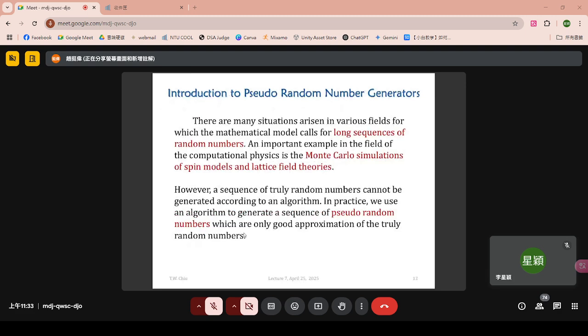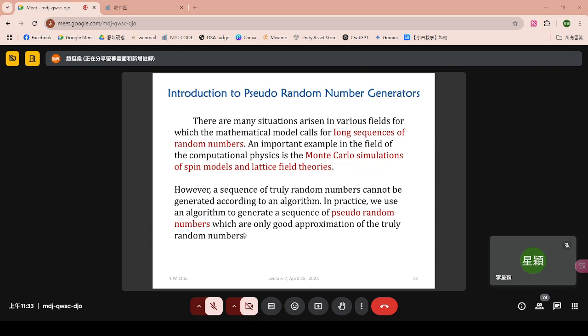Now let me come to the pseudo random number generator. There are many situations, when we do a simulation, where we need random numbers. But these random numbers are not truly random, because if they are generated by an algorithm, then at most it is a very good pseudo random number generator.